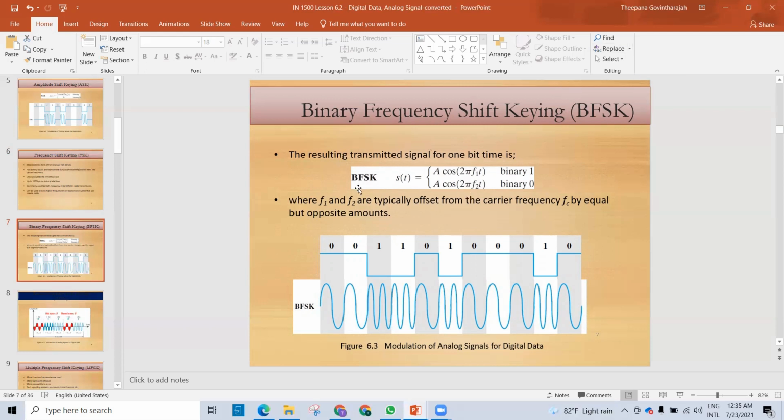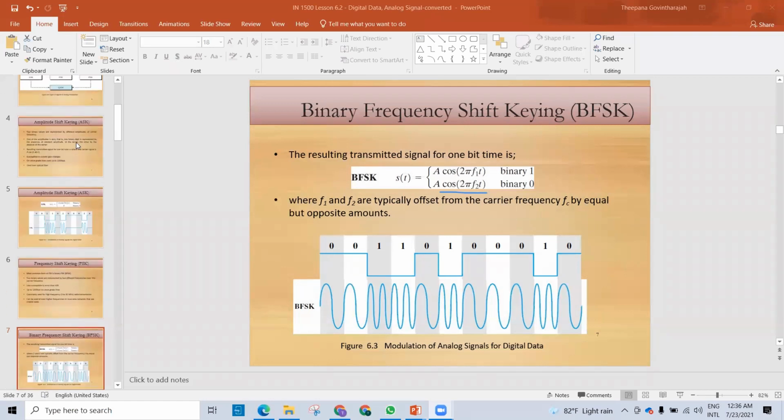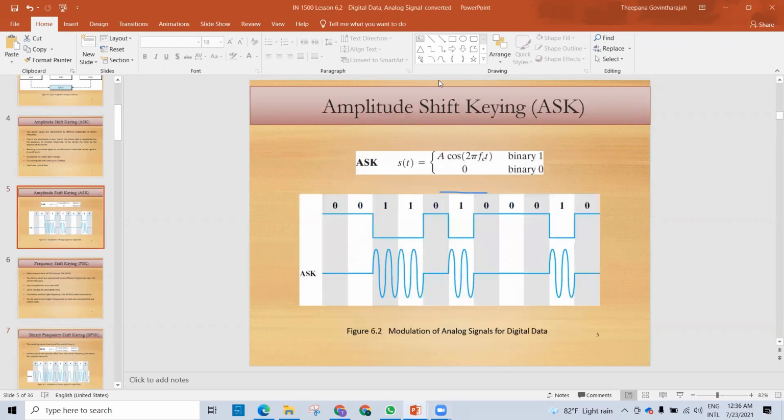So in BFSK, binary 1 is resulting in the waveform of A cos 2 pi F1t, and binary 0 is represented by A cos 2 pi F2t. But in ASK, it is represented by A cos 2 pi FCt for binary 1, and for binary 0, it is represented by 0.